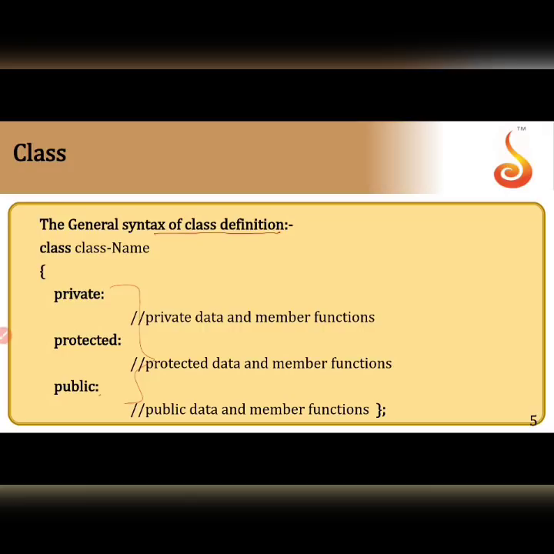So all these three, private, protected and public, are called access specifiers. What do you mean by an access specifier? As the name suggests, it will say who can access it, and who cannot.